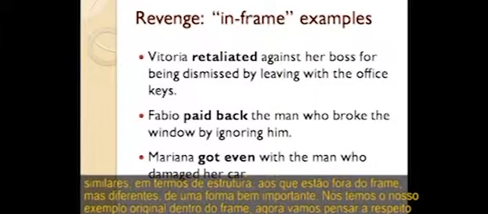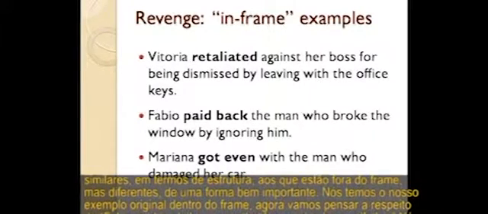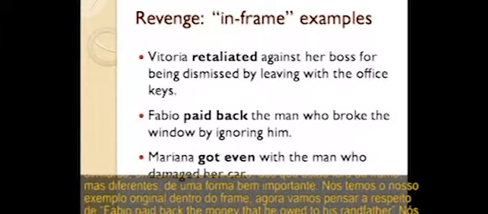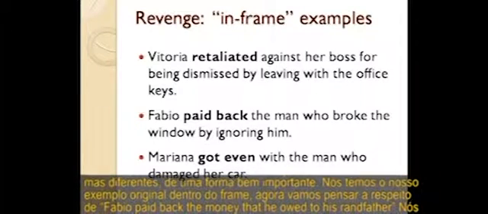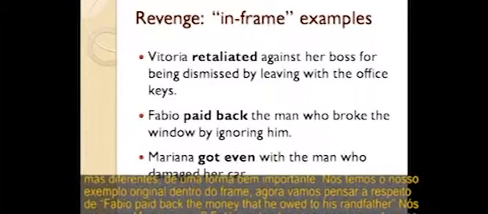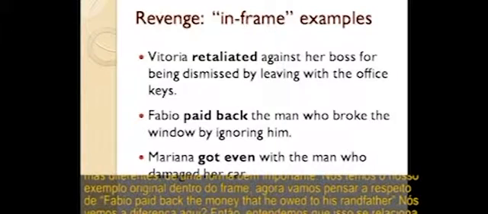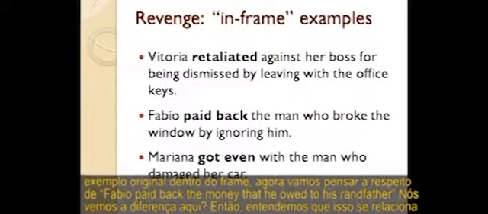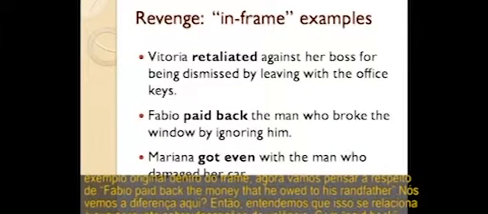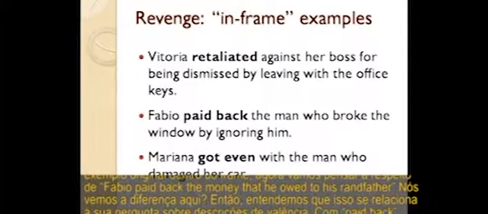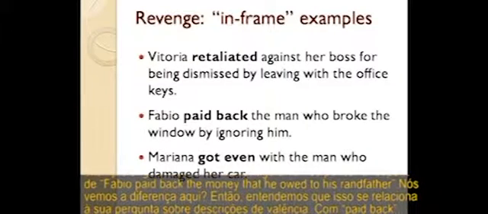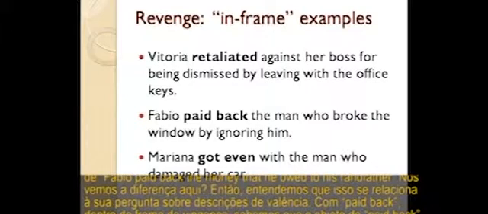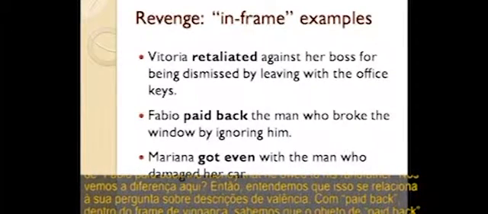So we understand, and this speaks to your question about valence description, right? So for payback in the revenge frame, we know that the object of payback is going to be an offender, right?